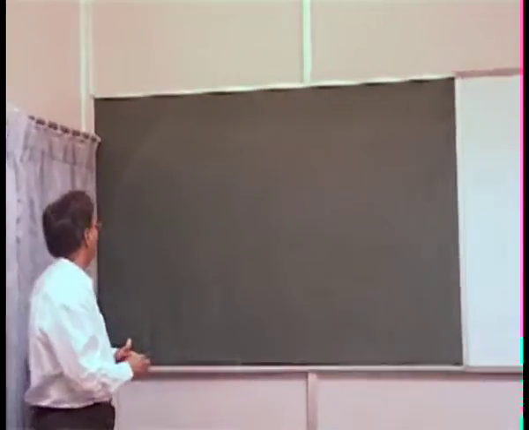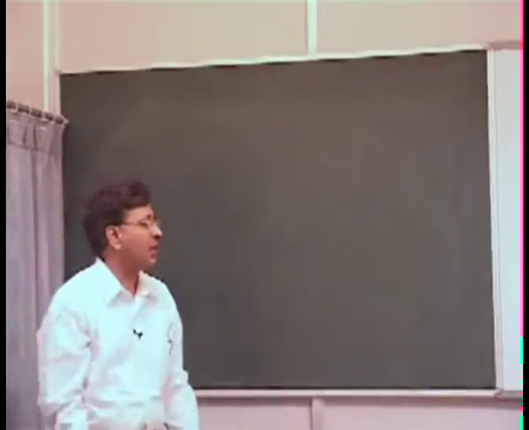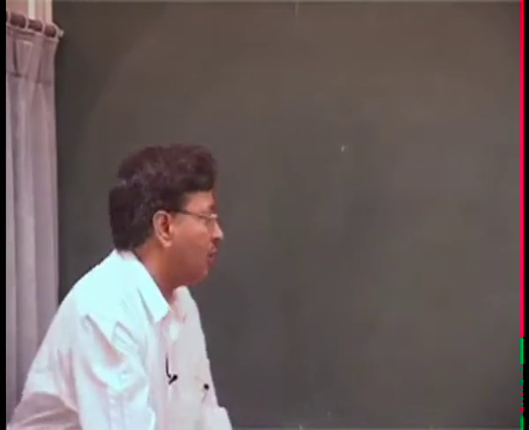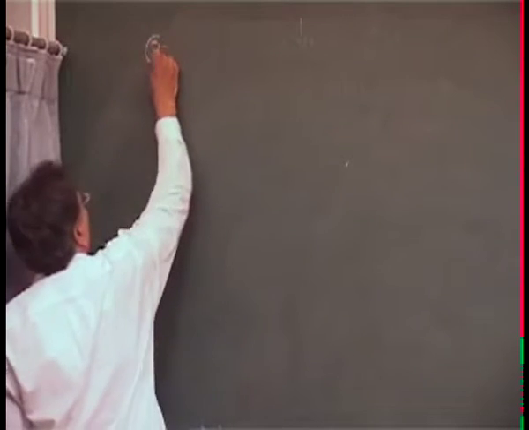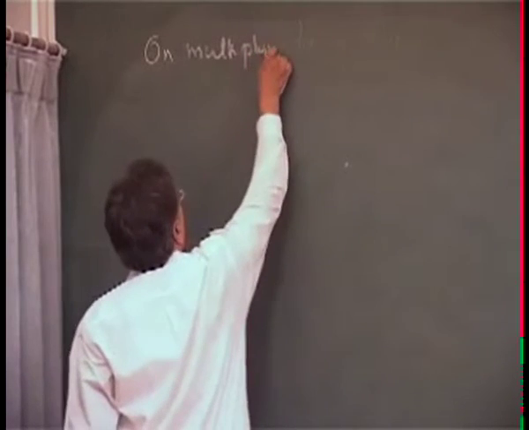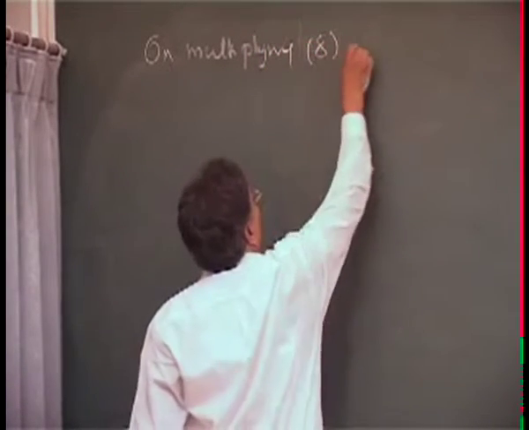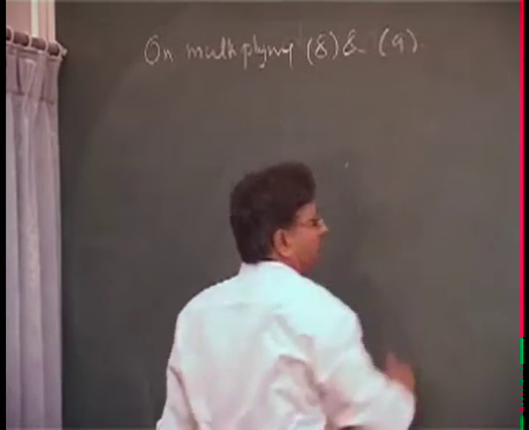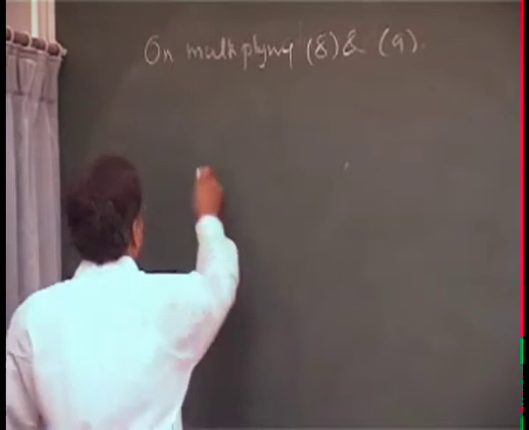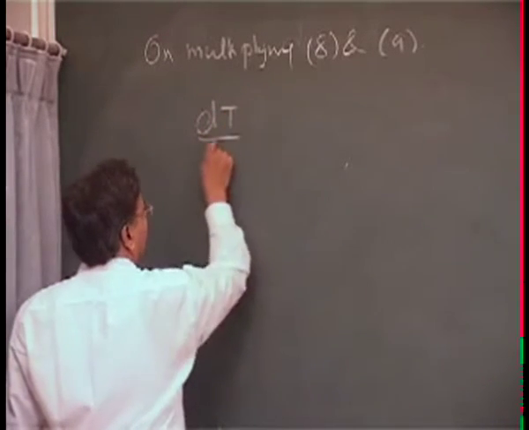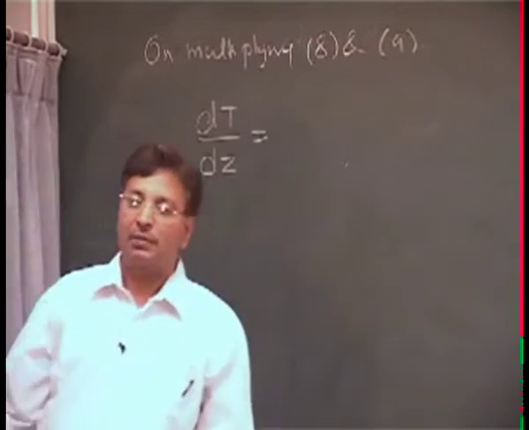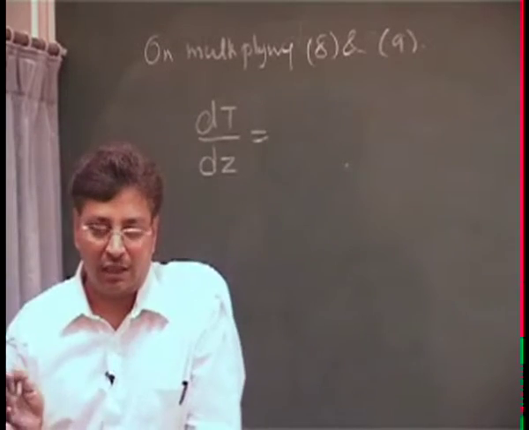So I can get the expression if I multiply equation 8 with equation 9. On multiplying 8 and 9, you should get some expression which looks like dT by dz. Please give me that expression, whatever it comes out to be. There will be some cancellation here and there, and let's see what you come up with.